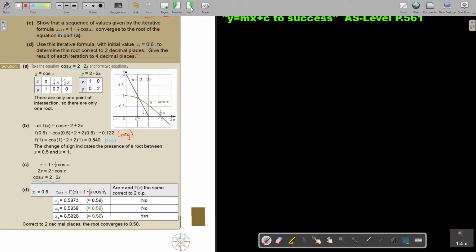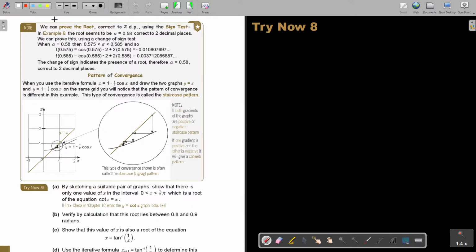I want to show you another thing. We can prove the root correct to 2 decimal places using the sign test. In example 8, the root seems to be 0.58, correct to 2 decimal places. We can prove this using a change of sign test.